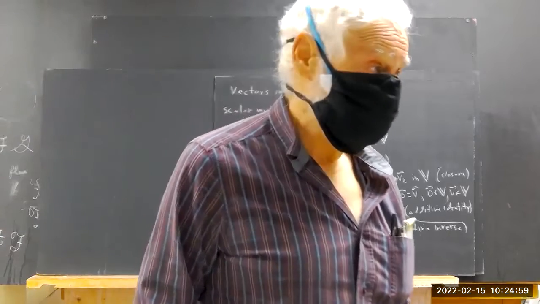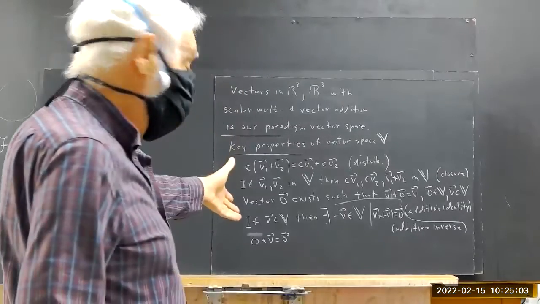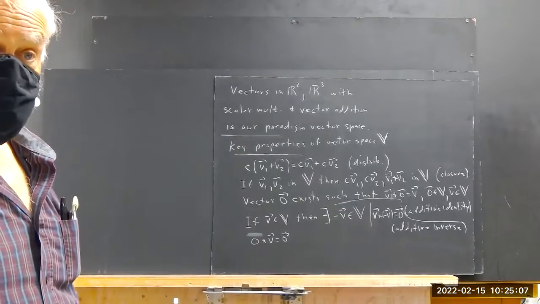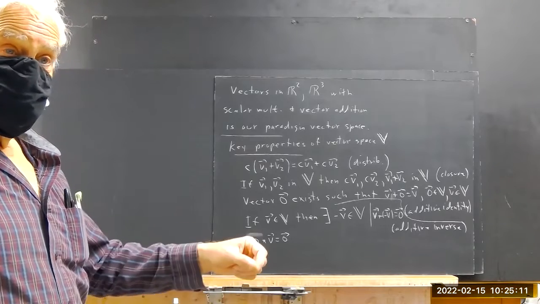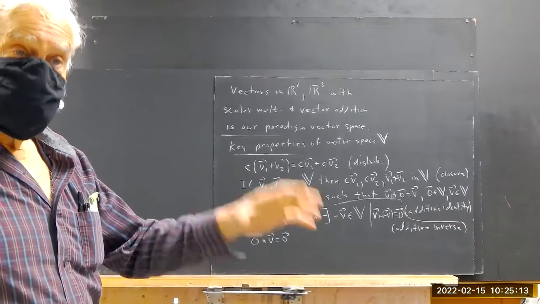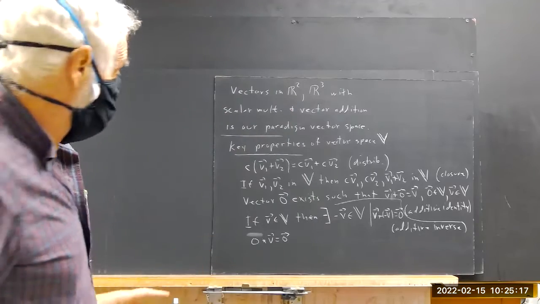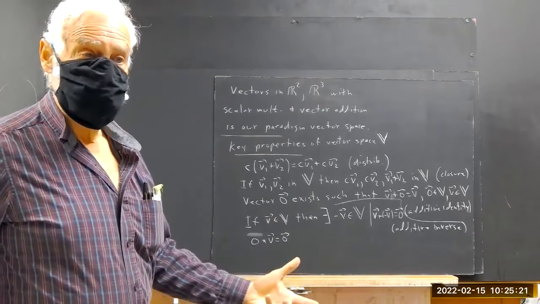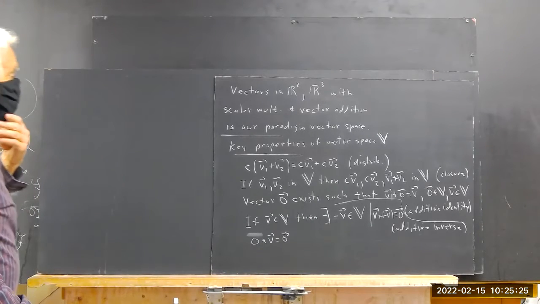You should be able to test. Okay. And you should remember that these, at least these, are the main properties, the ones that you end up having to test a lot. If you really want to test something to see it's a vector space, you test all the properties, just to be sure. But if it has these properties, usually it's going to have the others. Okay, so let's consider a vector space.